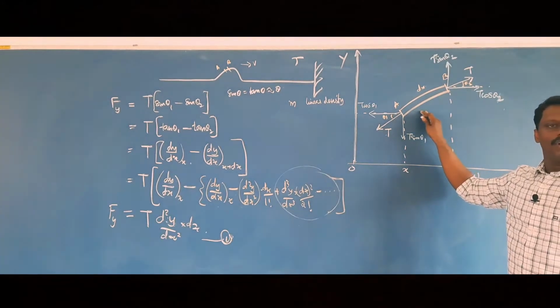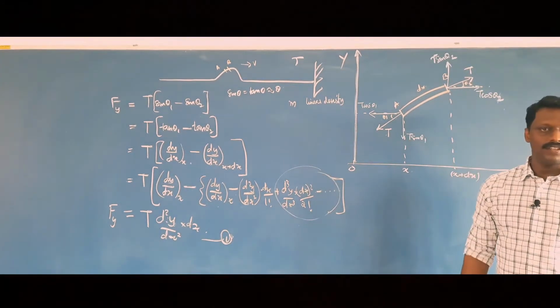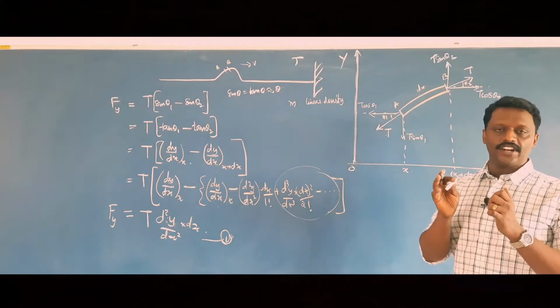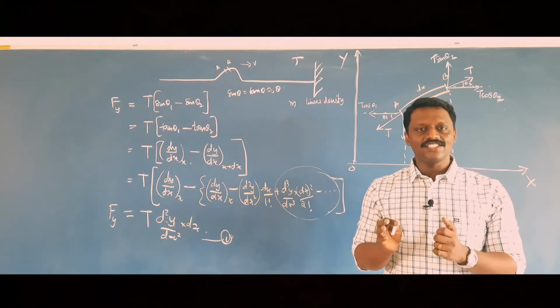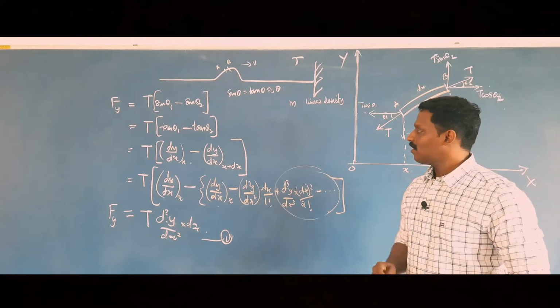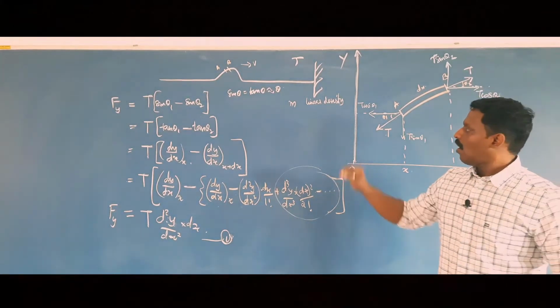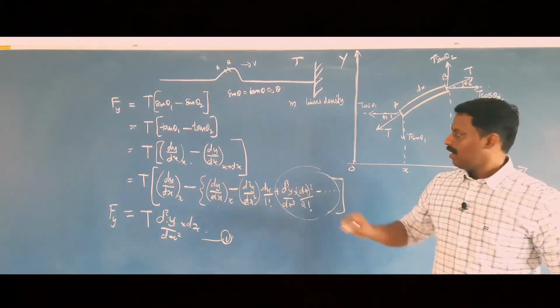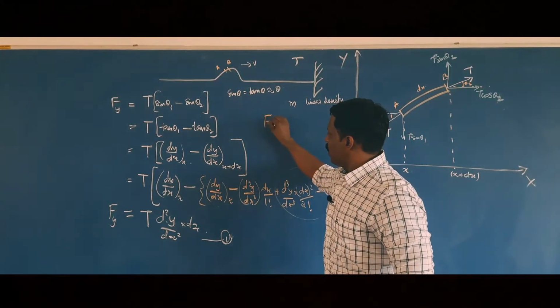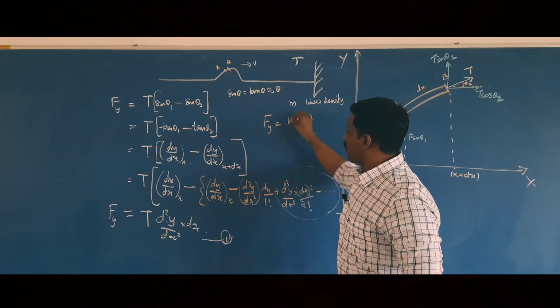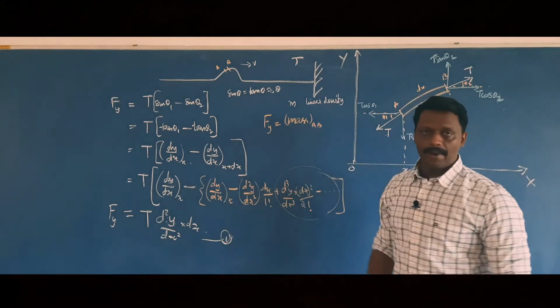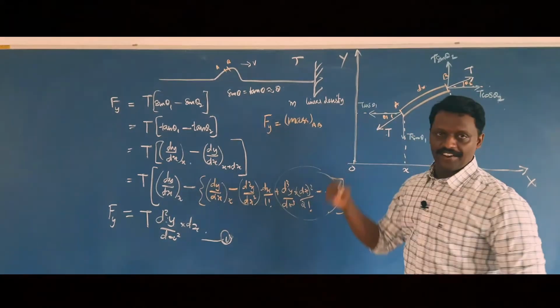The force on the segment AB along a particular direction can also be written as mass times acceleration in that particular direction. So the net force on the segment AB in the y direction can be written as the mass of the segment AB multiplied by the acceleration in the y direction.